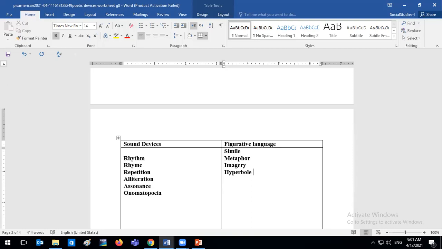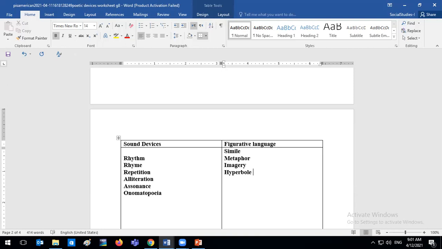So again, the purpose behind sound devices is to add a musical tone to the poem, making it musical. Figurative language is more concerned with comparisons.